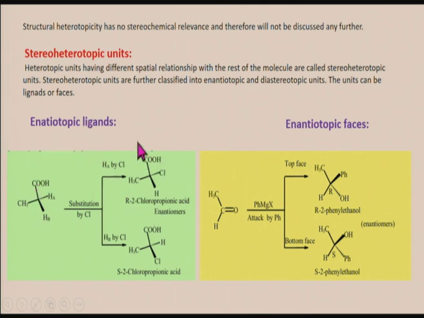Enantiotopic ligands involve the creation of an asymmetric center at an sp3 carbon, and in enantiotopic faces, the creation of an asymmetric center at an sp2 carbon. Here the sp2 carbon is involved in the reaction and we get an enantiomer product.